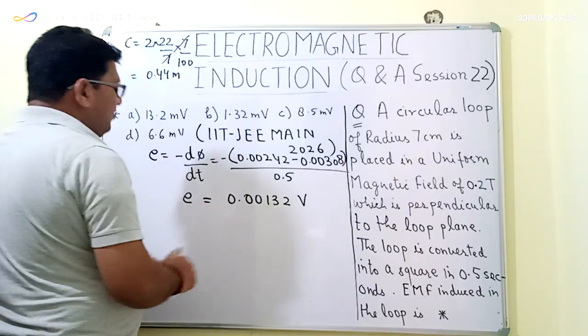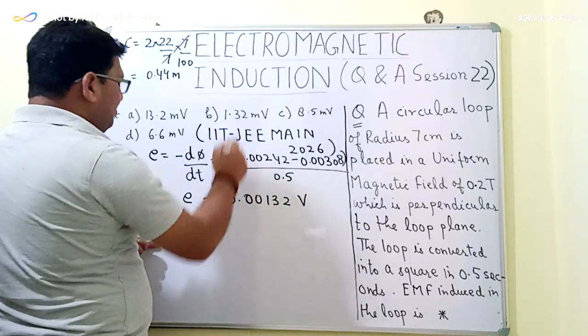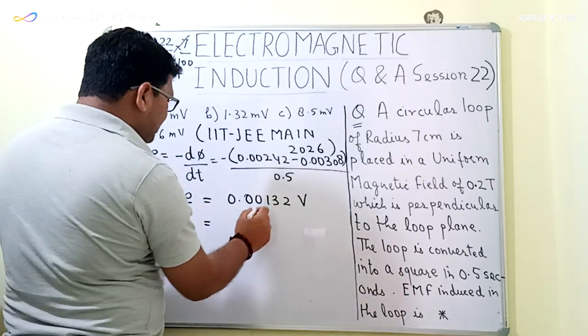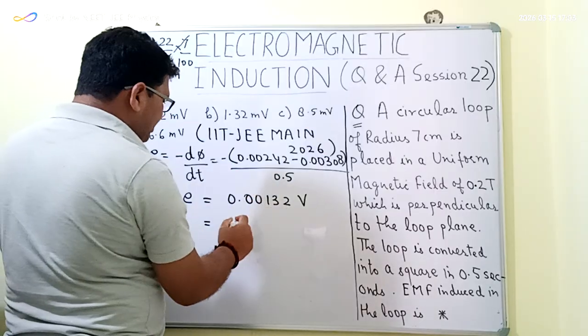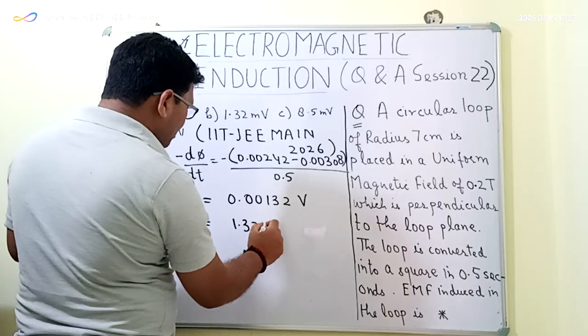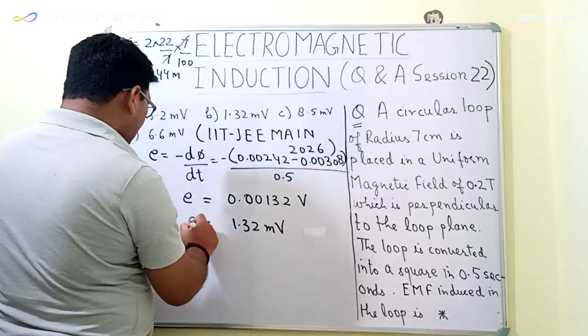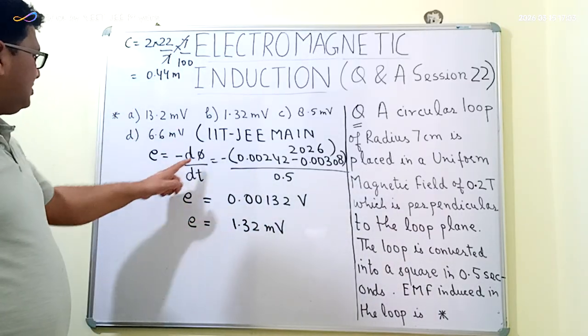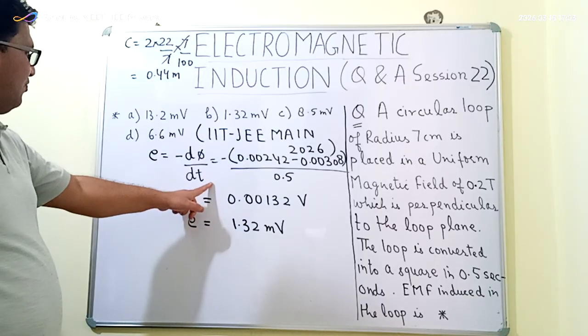Now we have to find the value in terms of millivolts. In terms of millivolt, I will simply multiply this value by 1000. So this is equal to 1.32 millivolts.